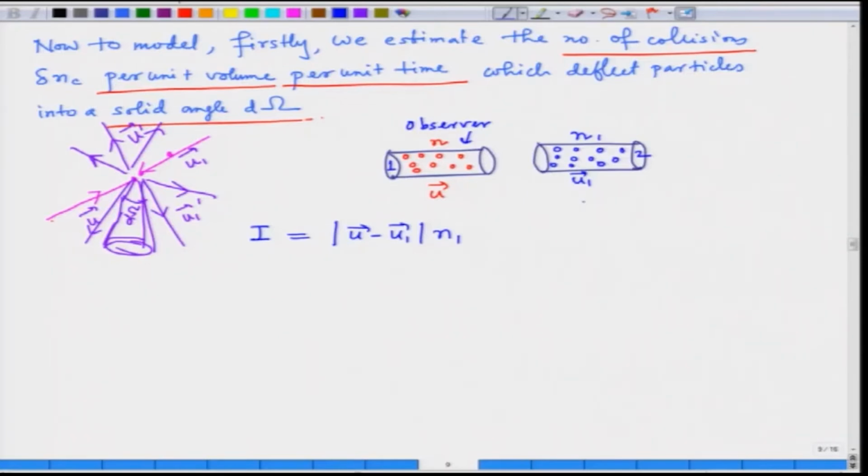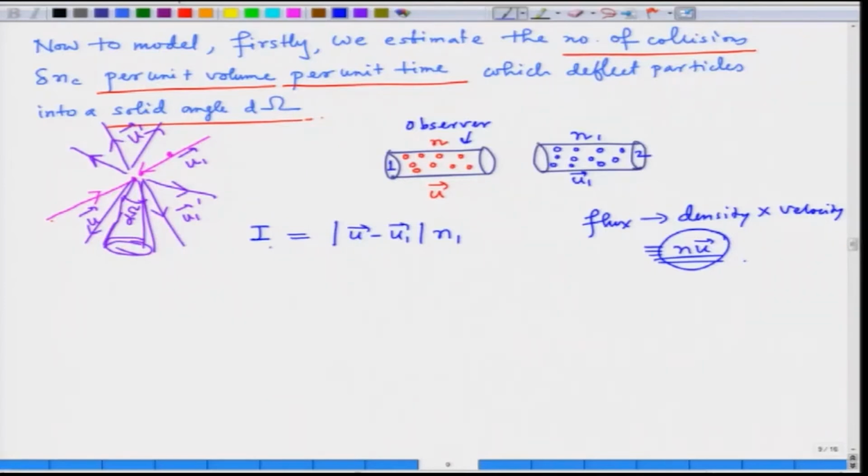Flux is nothing but density times velocity. So, this is the flux.